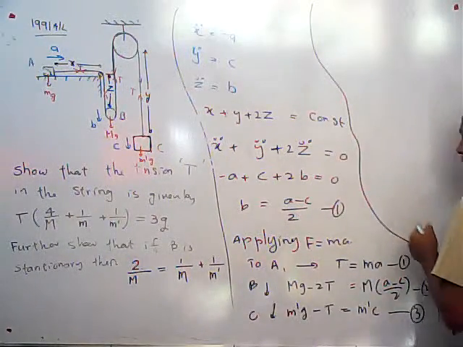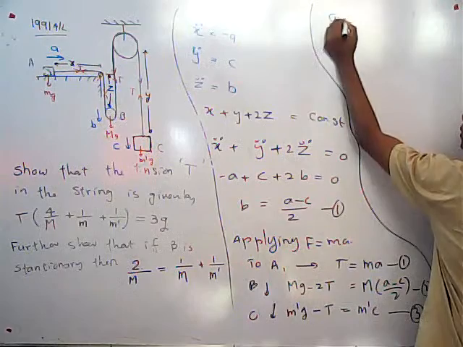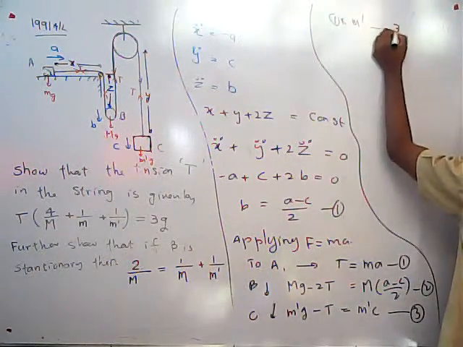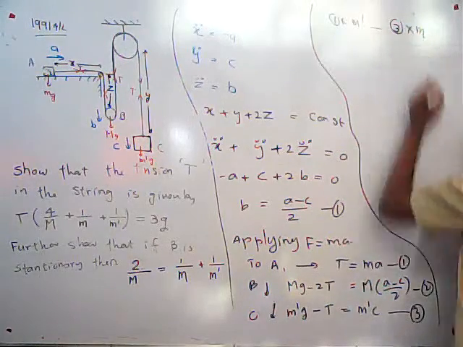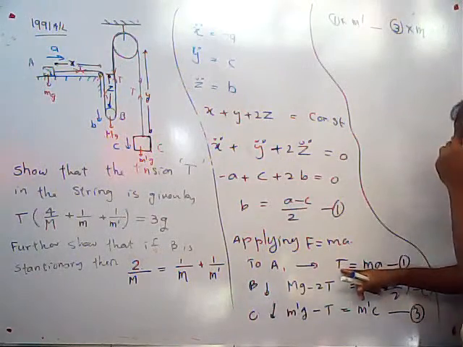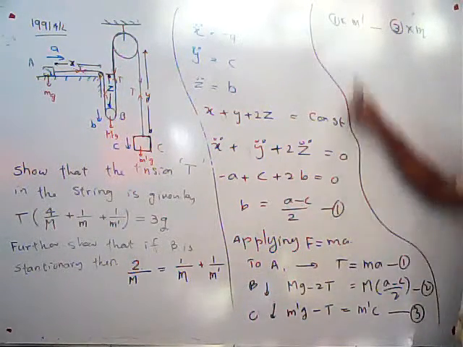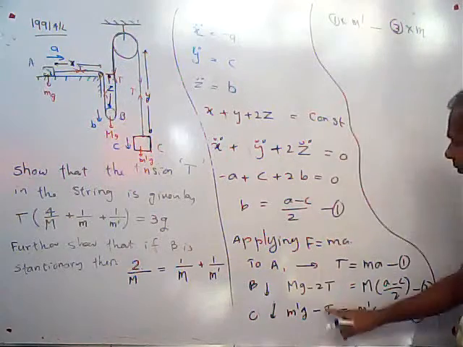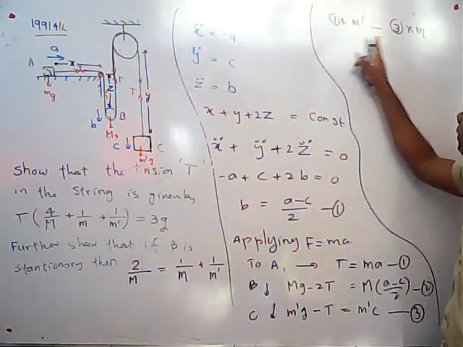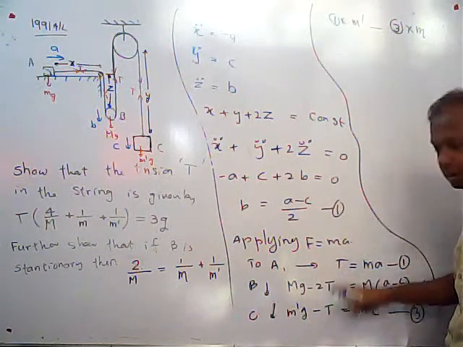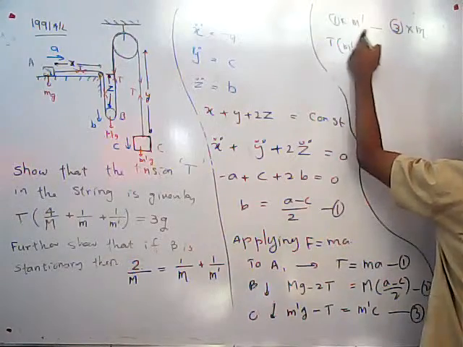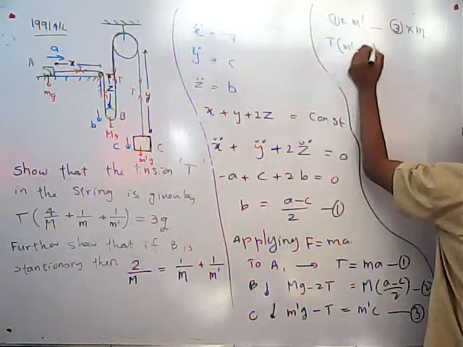1 into m dash minus 3 into m. So t is common. This multiplied by m dash, subtract, this will change to plus. That will give plus tm. So we take t out of these two. That will give m dash plus m.